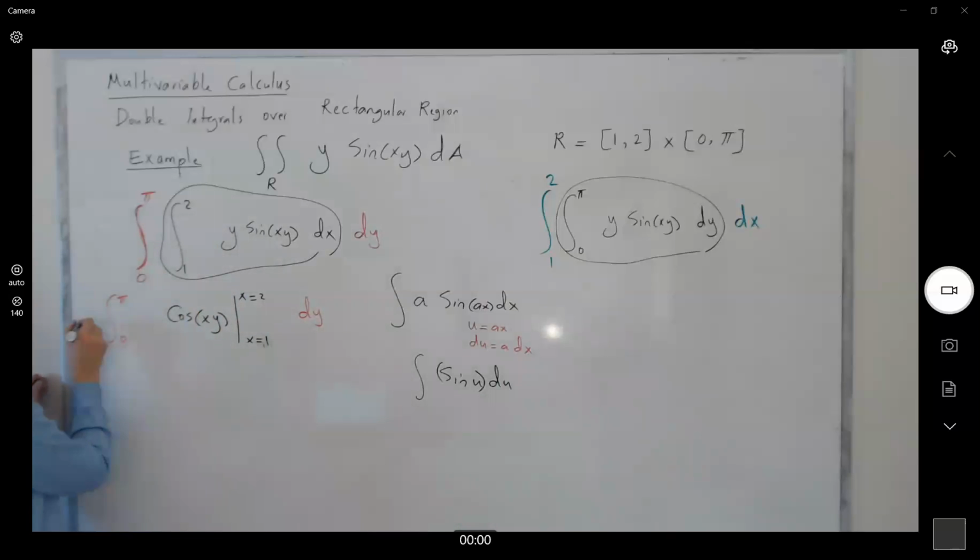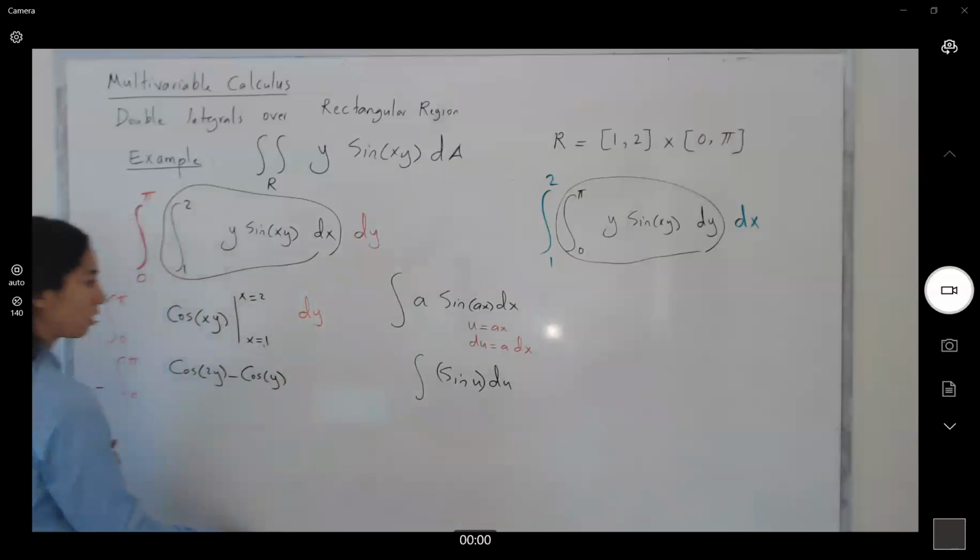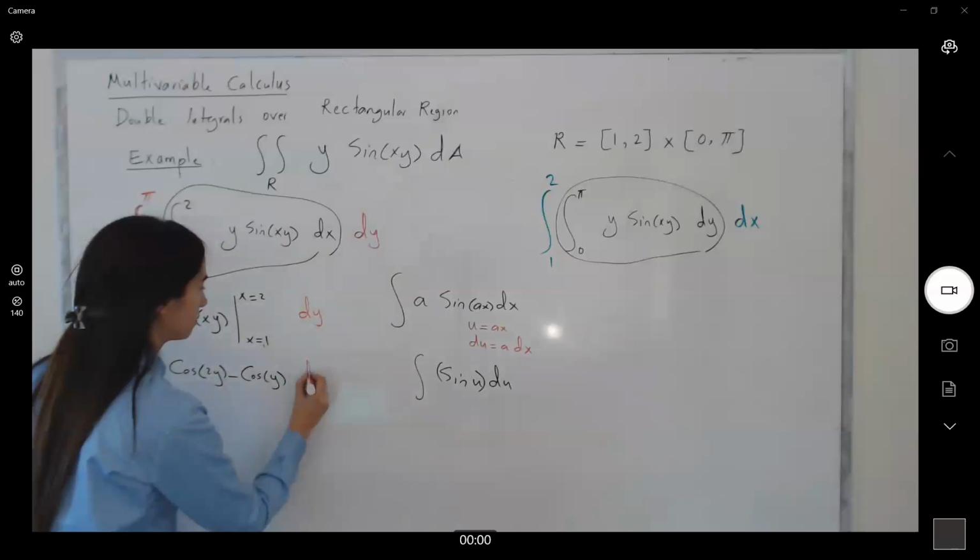So I have a negative sign, so let's copy down this negative sign outside the integral. You get cosine of 2y minus cosine of y. Then we take this integral with respect to y.